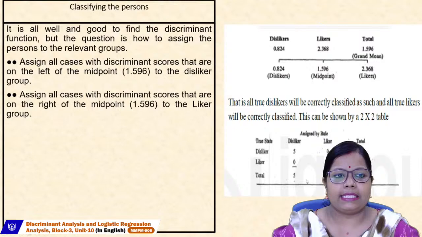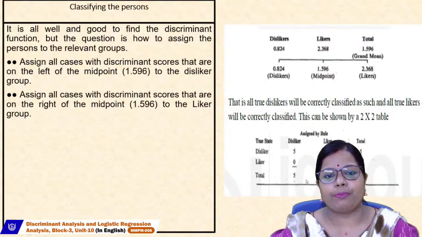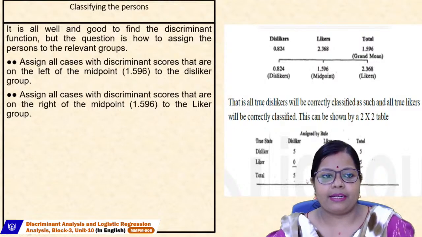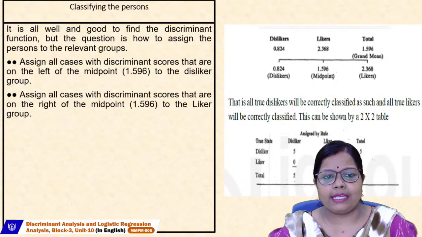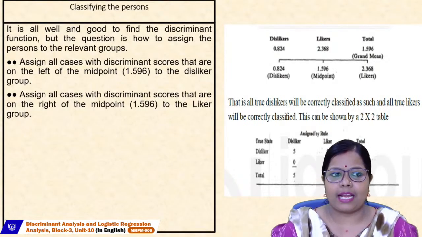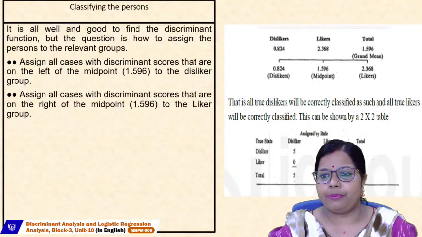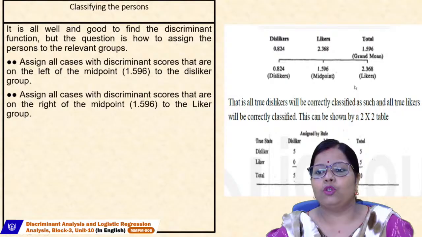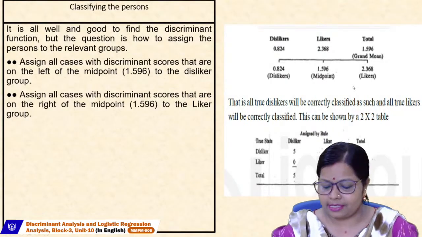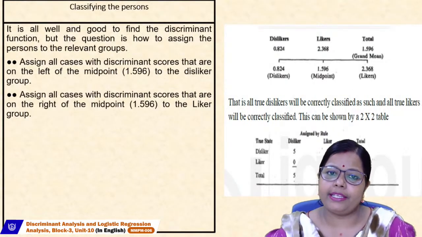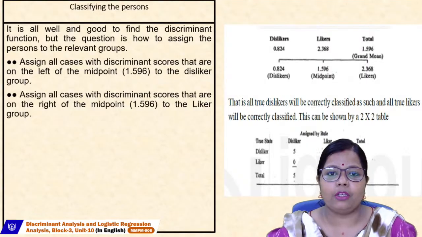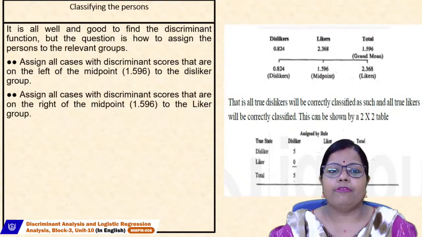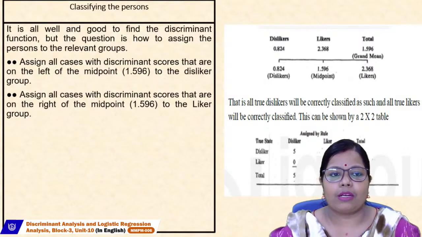It shows it was the appropriate assignment to apply the discriminant analysis. So all cases with discriminant scores on the left hand side of the midpoint, 1.596, go to the disliker group. So there is a huge difference, or we can say variability, between the groups, which is actually required for the discriminant analysis, one of the objectives.